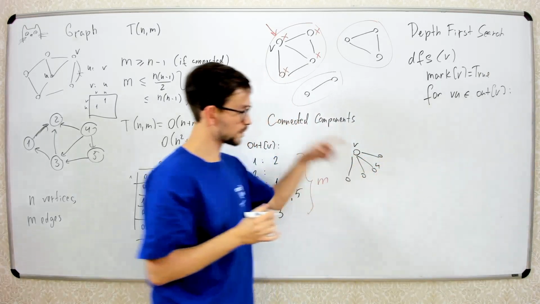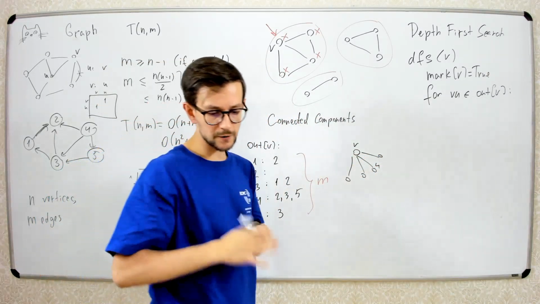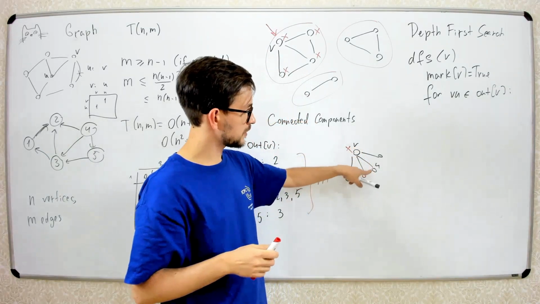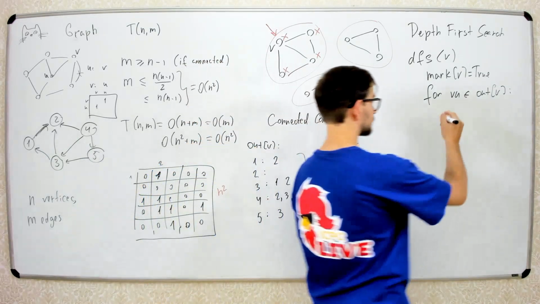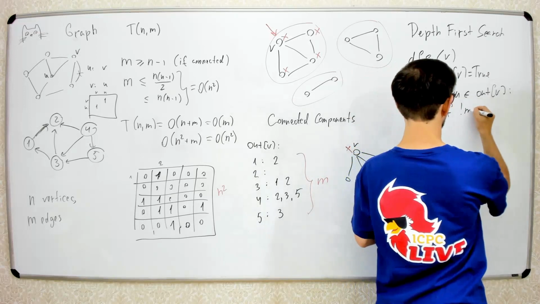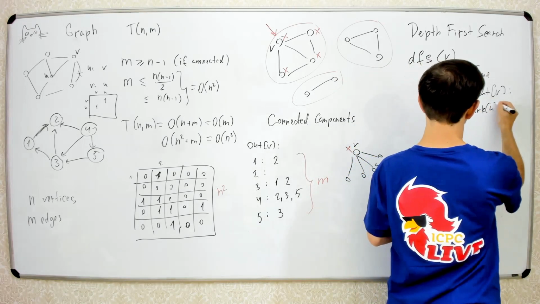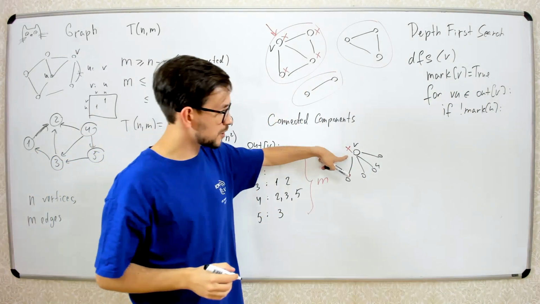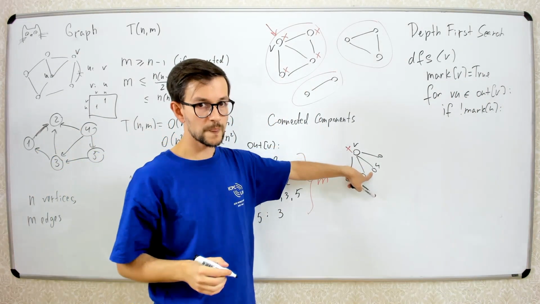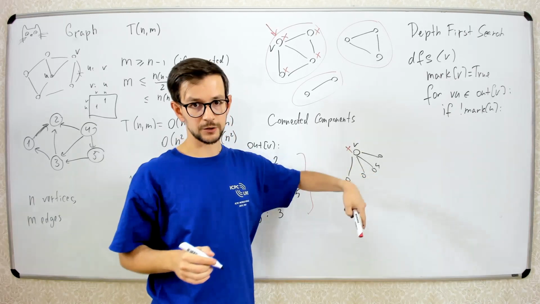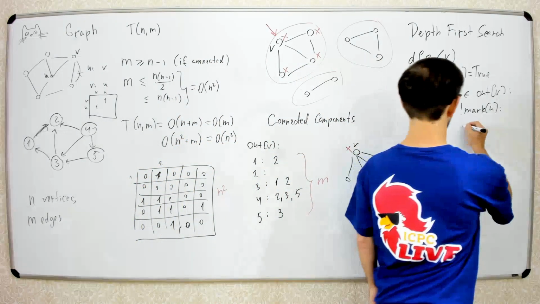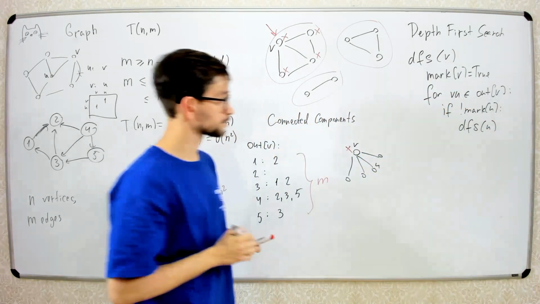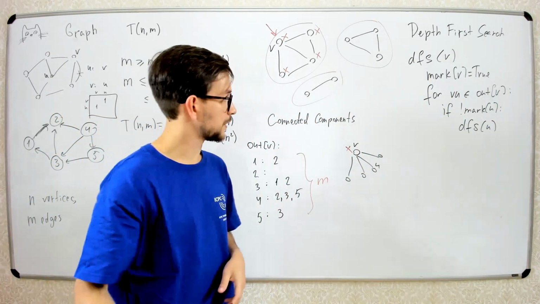Here you take node U. If node U is not yet marked, then we recursively go to this node U, mark it and everything connected to it. So simply call the DFS of node U. That's all. That's the whole plan.